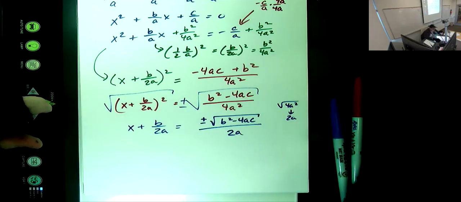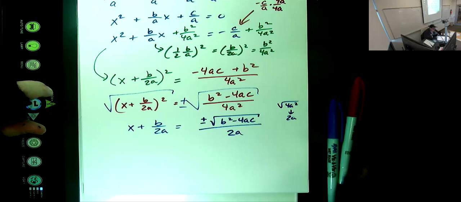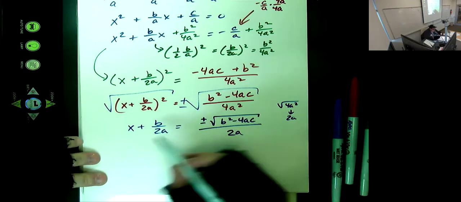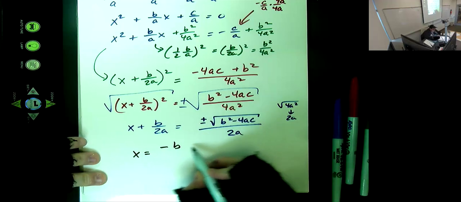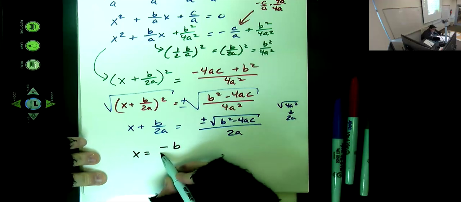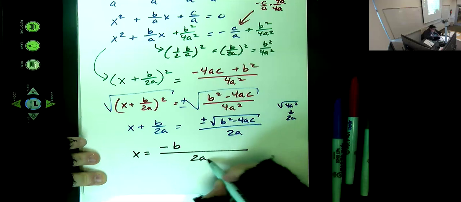So if I get x by itself, I subtract the negative b over 2a. And since everything's over 2a, I can make it one big fraction.